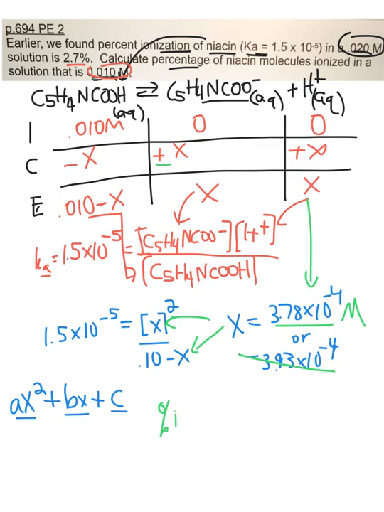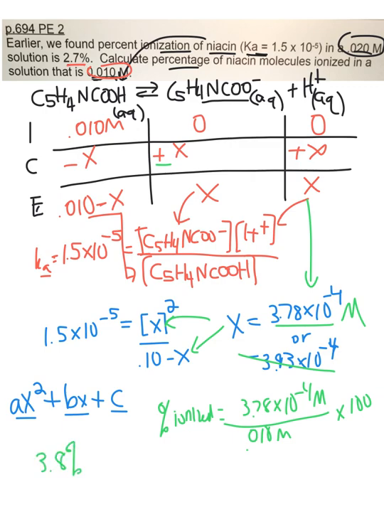Remember, percent ionized is going to be how much actually dissociated at equilibrium concentration. So it's 3.78 times 10 to the negative fourth molar over the initial, in this case, which was 0.01 big M, times 100, and the percentage is 3.8%.